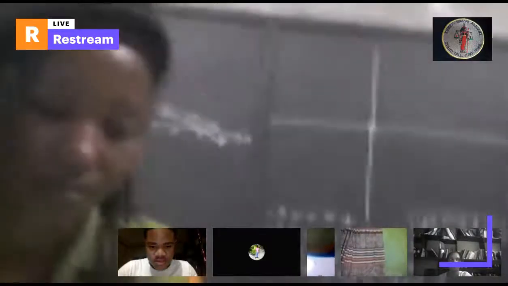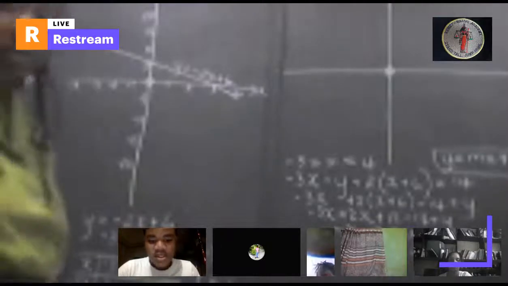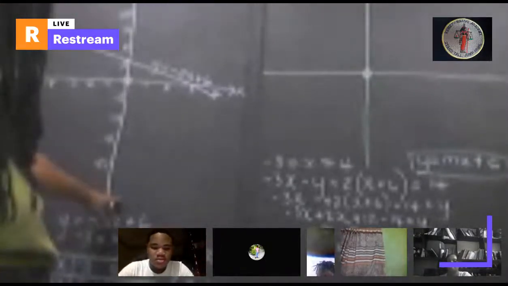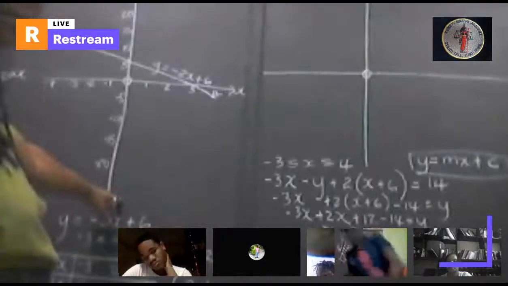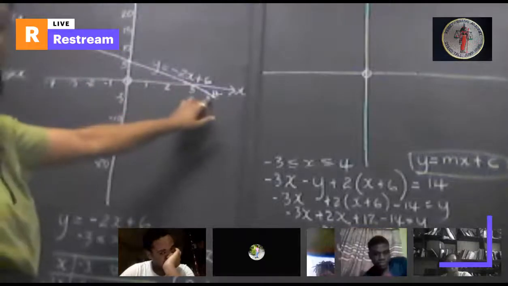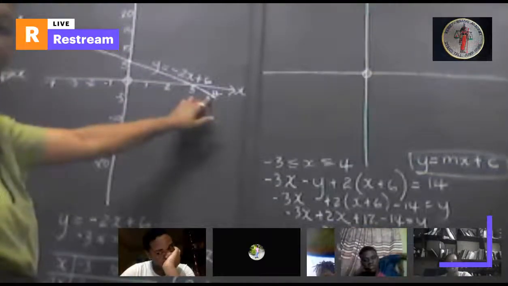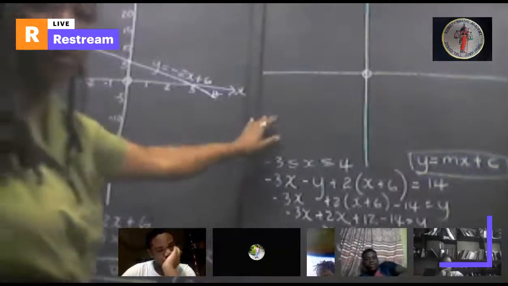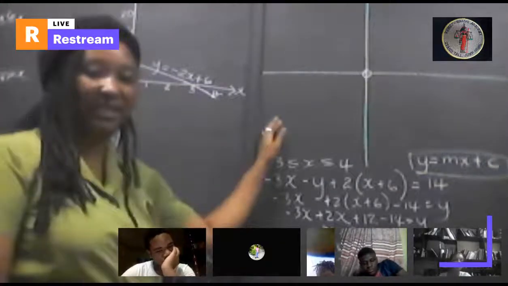So when the gradient was negative before, it was oriented to the left. Is that the left? To the left. So this one will be oriented to the left as well.